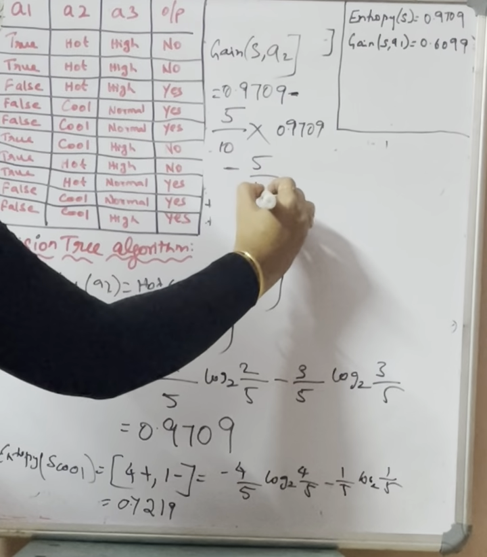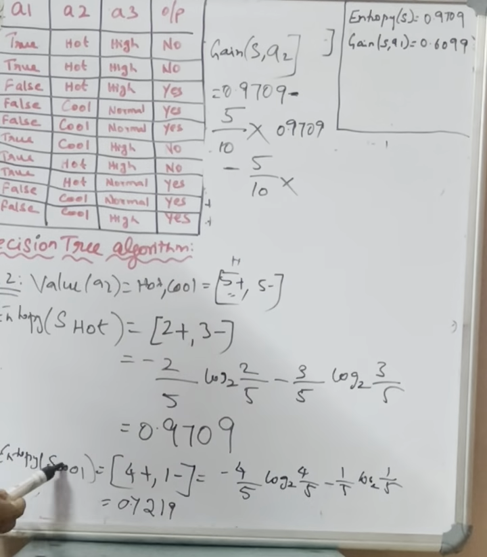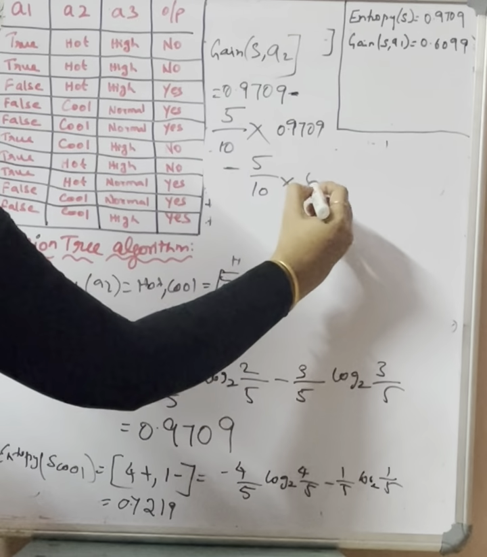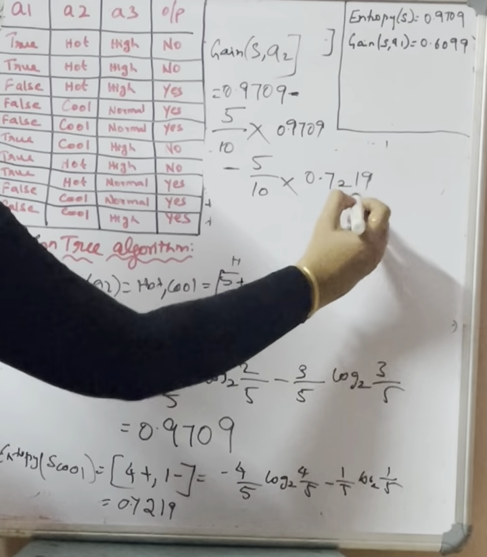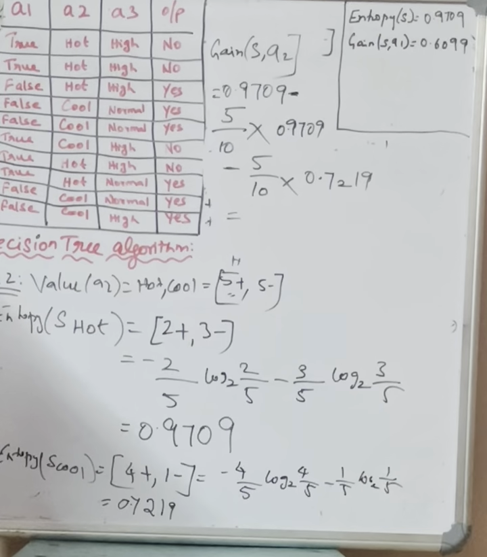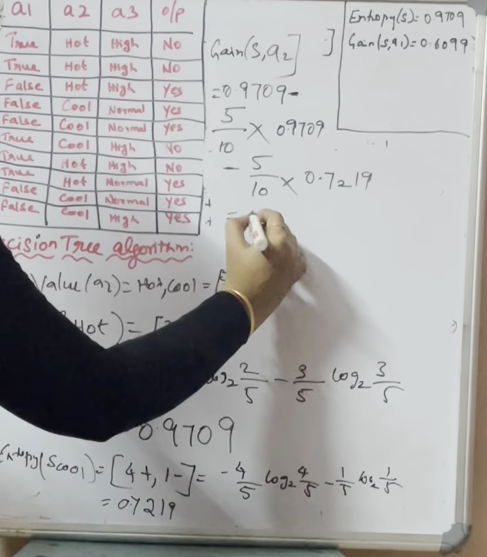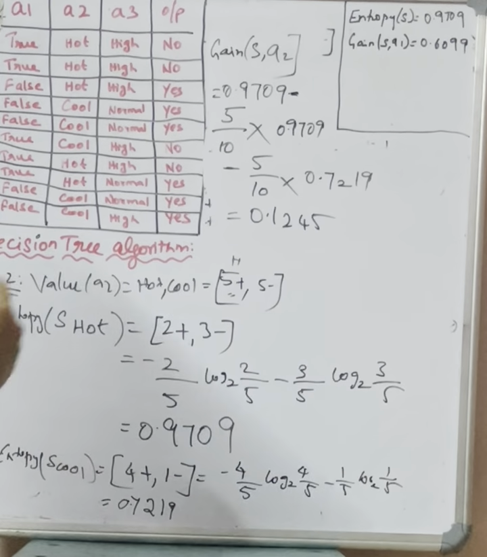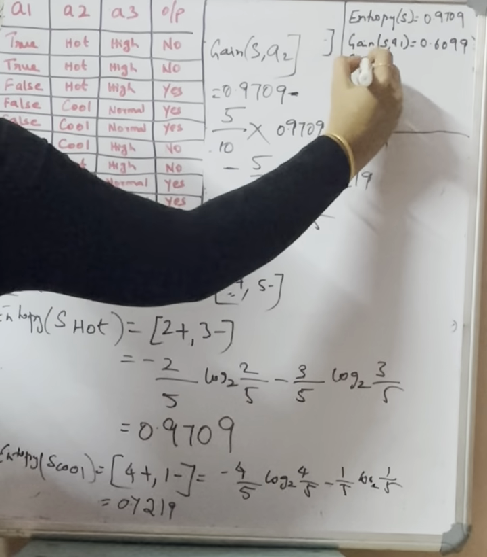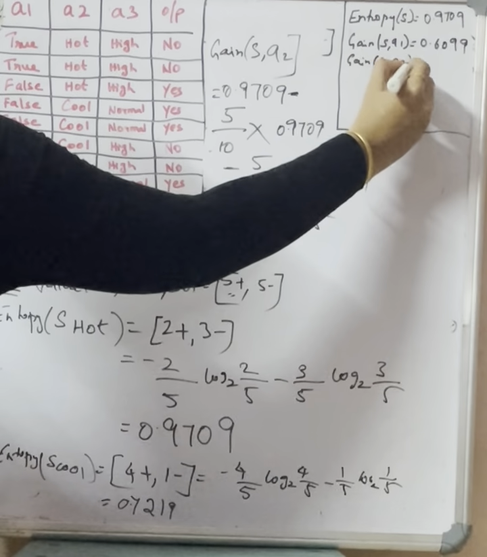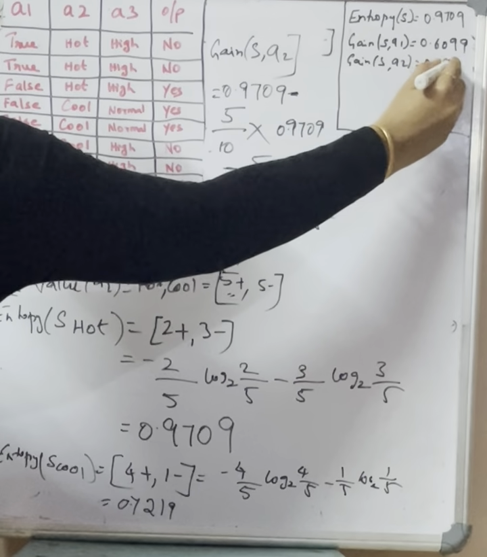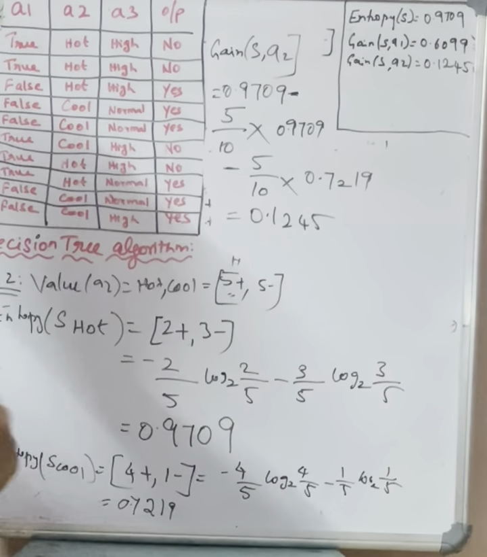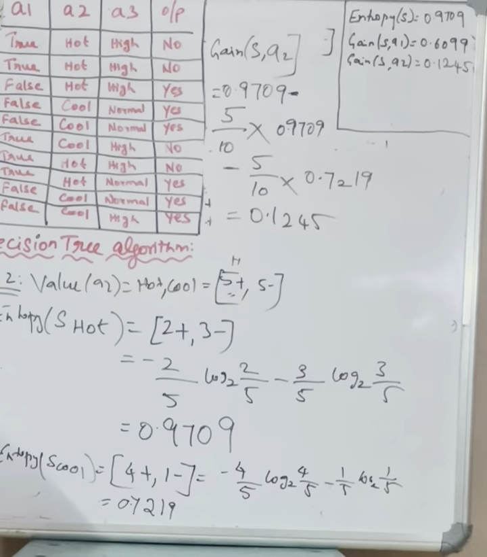It is 5 out of 10 into what is the cool entropy? We found it as 0.7219. So if I solve this, obviously I will be getting the value of 0.1245. So the gain of S comma A2 is nothing but 0.1245. So this is gain of A2.